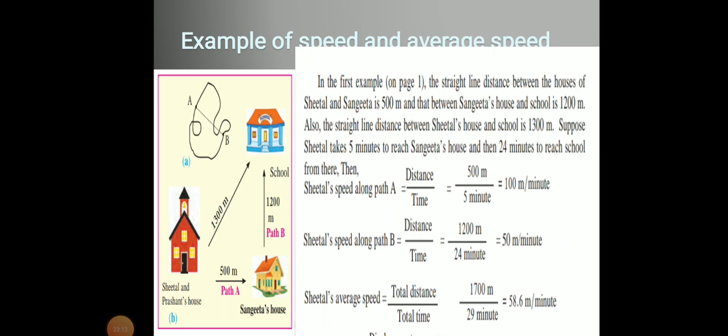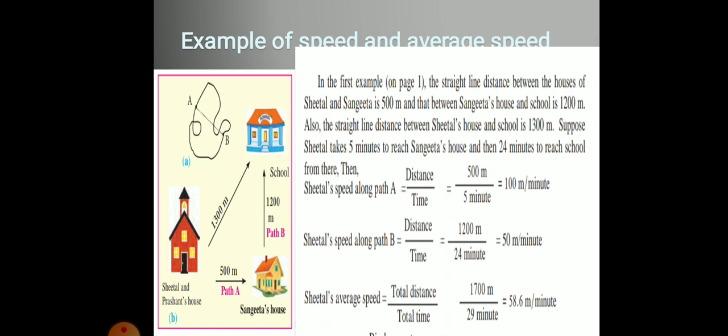Let us understand the concepts of speed and average speed with the help of this example. Just look at this figure. So what do you observe in this picture? Sangeeta's house, Sheetal and Prashant's house, and the school, right?